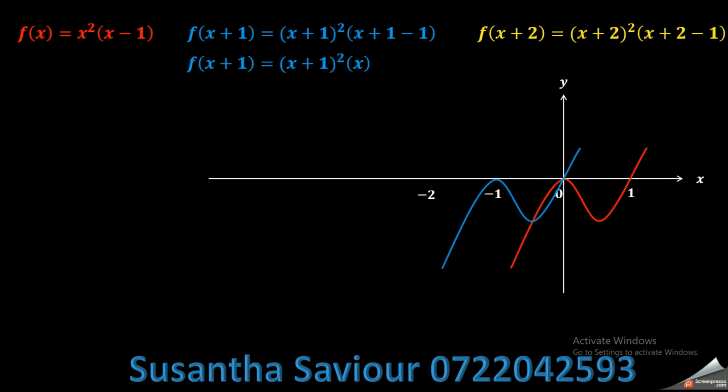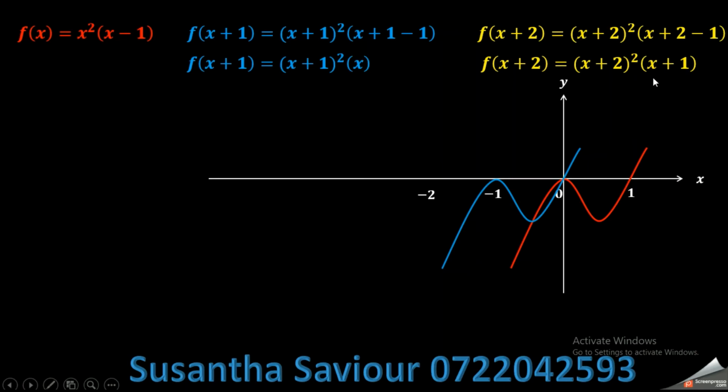Look at this, f(x+2). So here the x is replaced by x+2. Here x is also replaced by x+2, like this. Look at this. Now f(x+2) is equal to (x+2) squared plus 1.